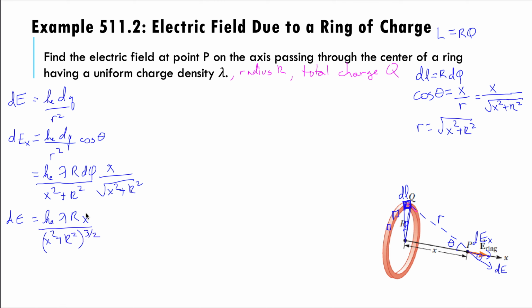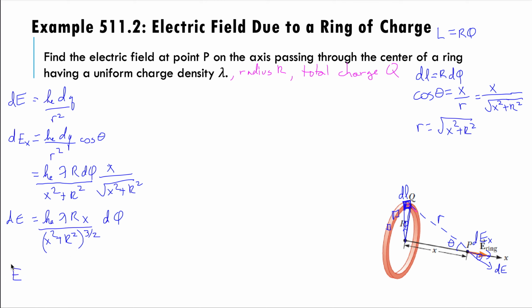So this part here, the x over the x squared plus r squared to the 3/2, that looks like what we were integrating over in the rod problem. However, the x is constant in this case, so all of this is constant, and we're only going to integrate over phi, so it makes this problem actually a lot easier than the previous one.